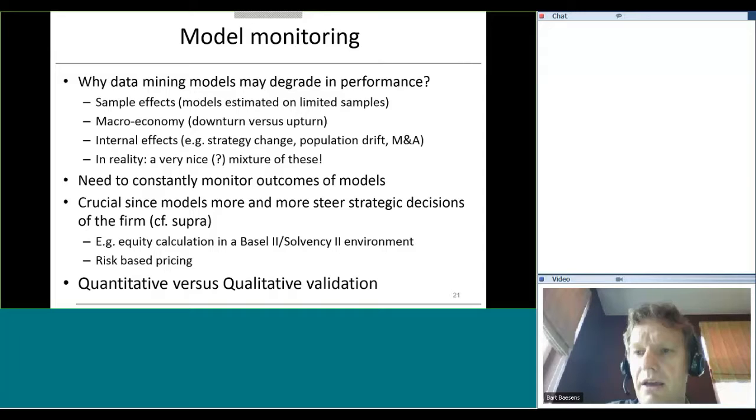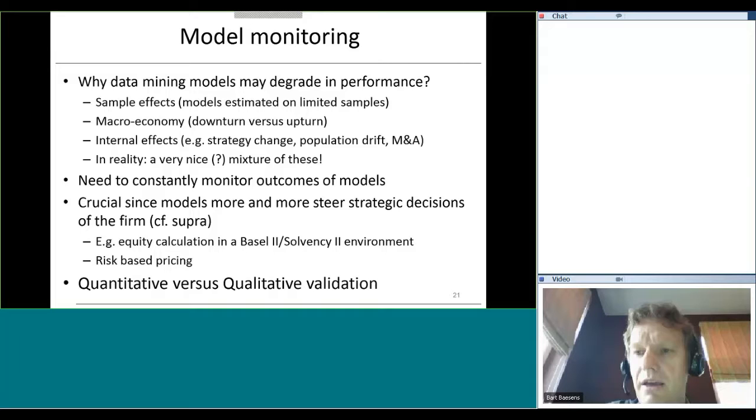But we can also have macroeconomic effects. Macroeconomic effects mean that we have effects because of macroeconomic downturns, stress situations, etc. We can also have endogenous effects as they are imposed because of strategy changes, population drift, mergers and acquisitions, and so on.